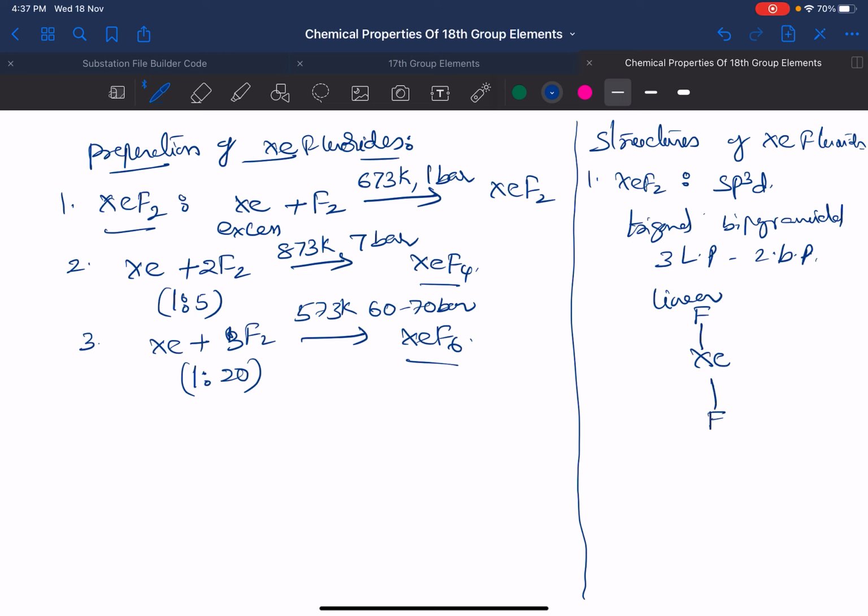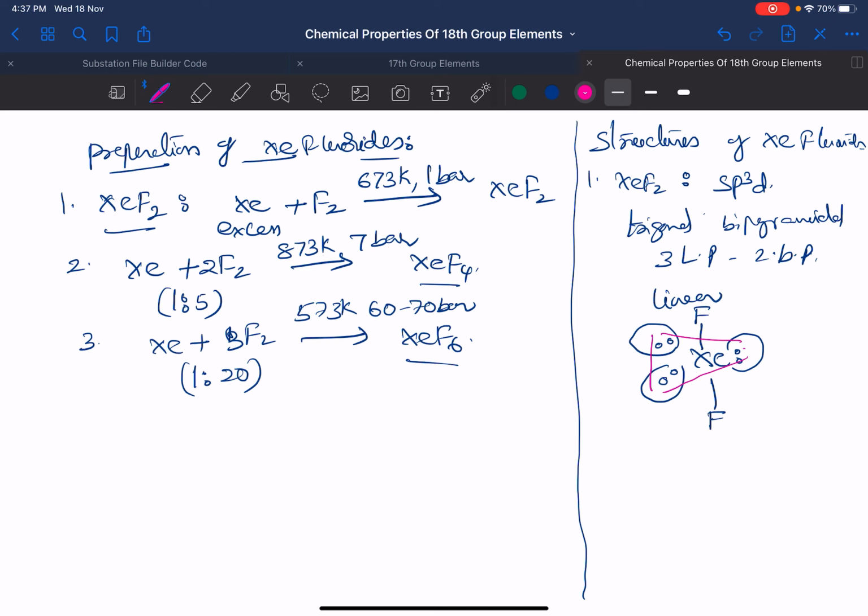These two are the bond pairs and it has 3 lone pairs. These 3 lone pairs are in the position of a triangle, whereas these two are in the axial position. So that is the structure of xenon difluoride.